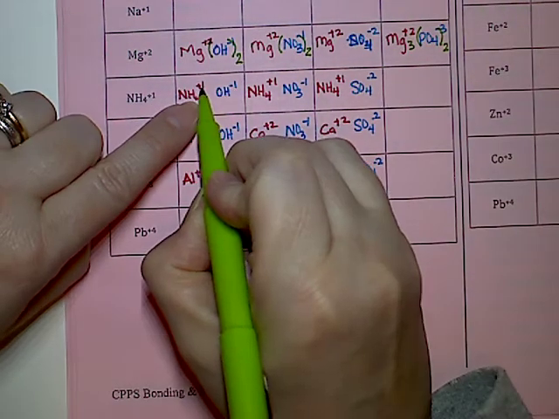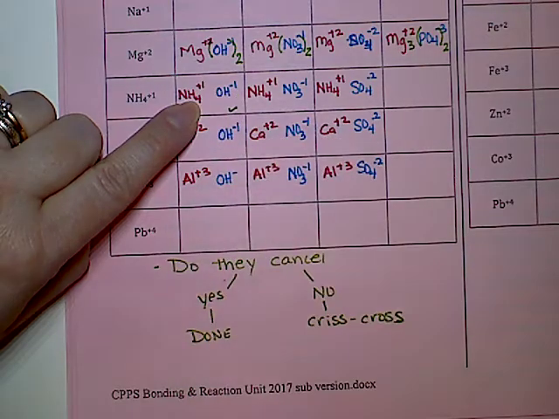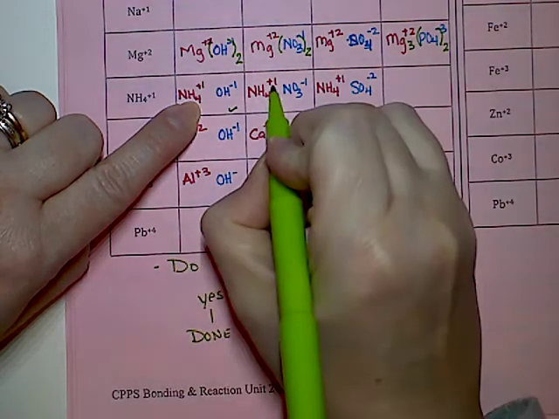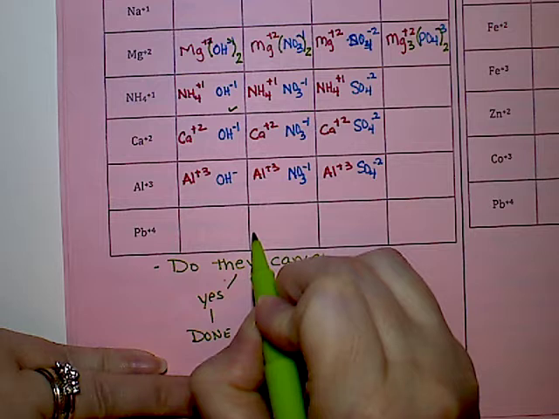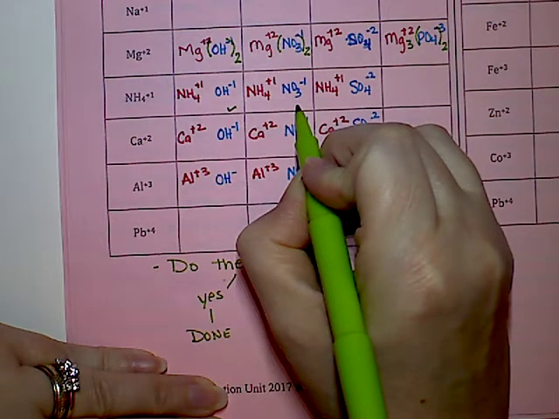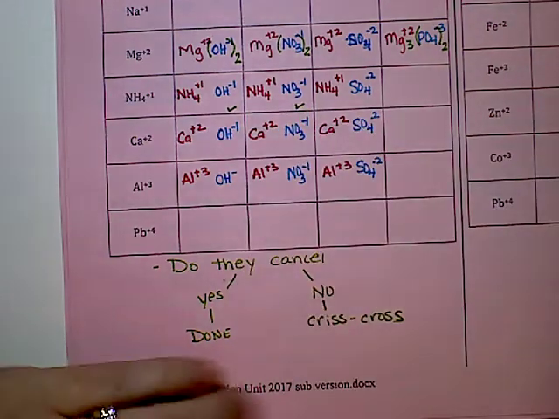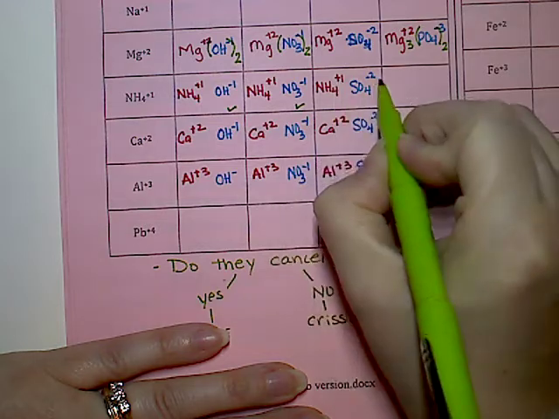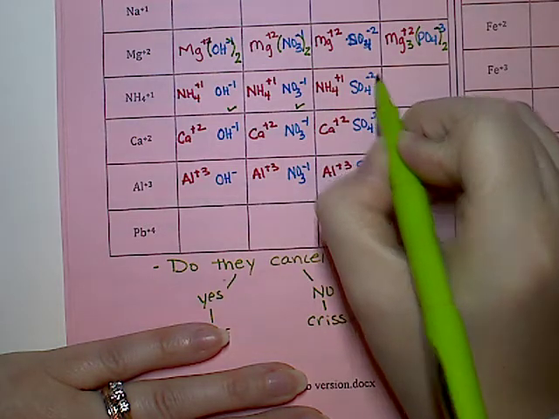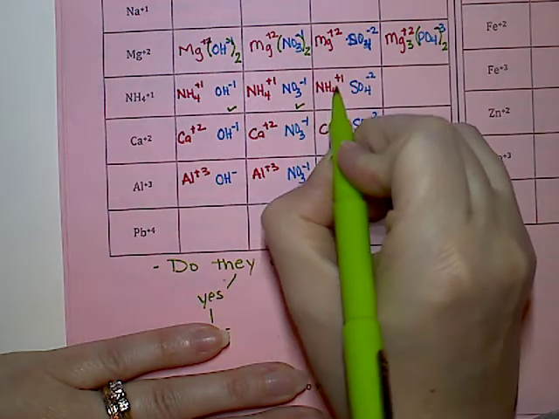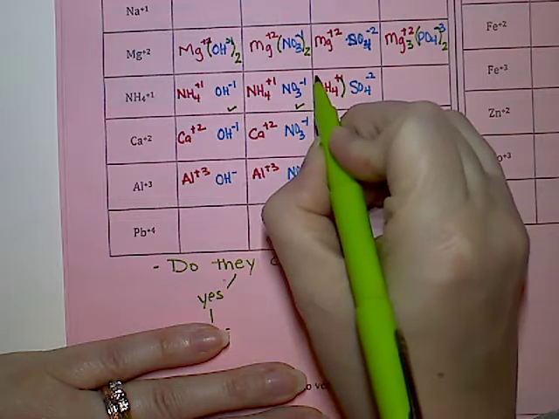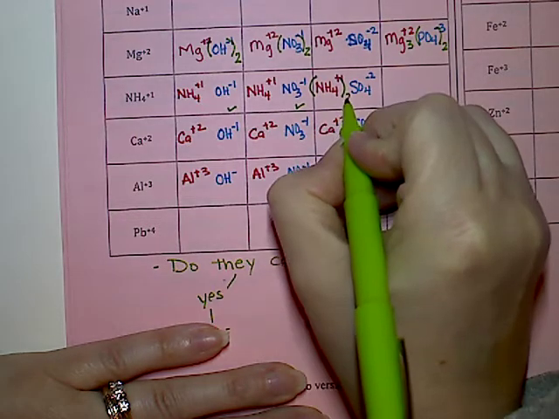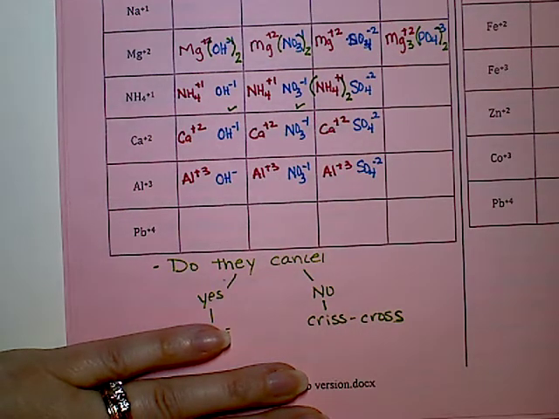So +1, -1, they cancel, we're done. +1, -1 for the nitrate and ammonium nitrate, they cancel, we're done. +1, -2, they don't cancel, but ammonium is polyatomic, so I use parentheses and bring my 2 down.